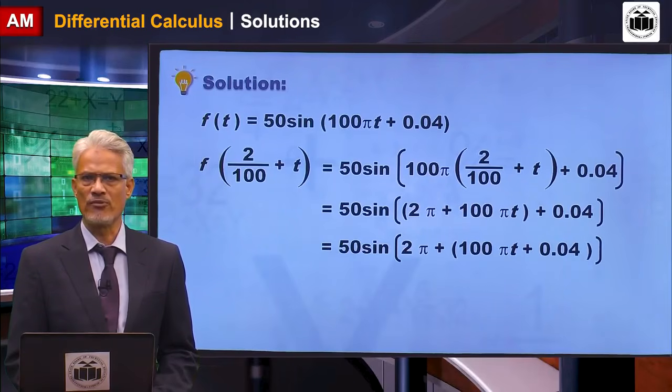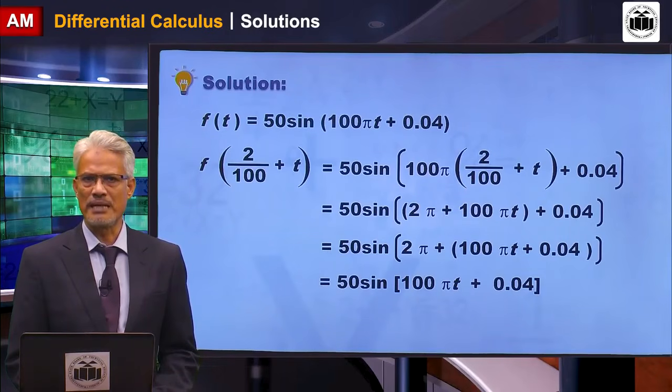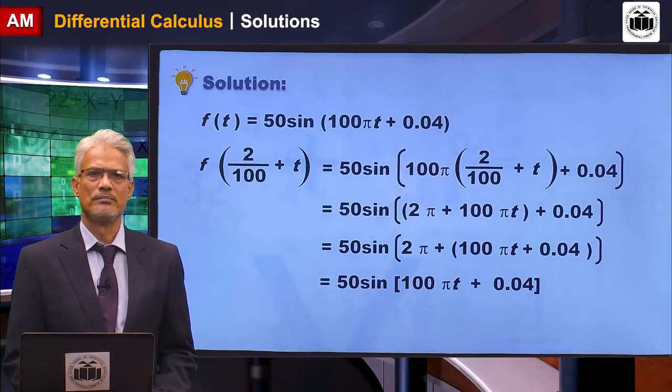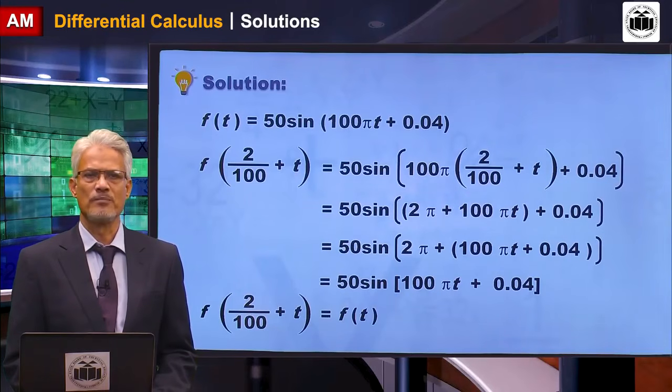Now, this is in the form of 50 sin(2π + θ), where θ is equal to 100πt + 0.04, and we know sin(2π + θ) is equal to sin θ. That's why it is equal to 50 sin(100πt + 0.04), which is equal to f(t). Therefore, we get f(2/100 + t) is equal to f(t). Now it is proved.